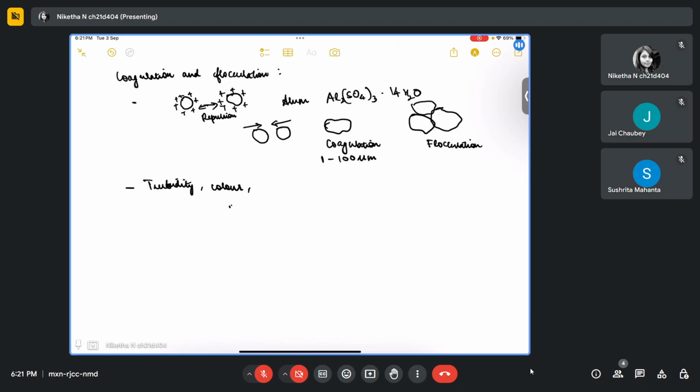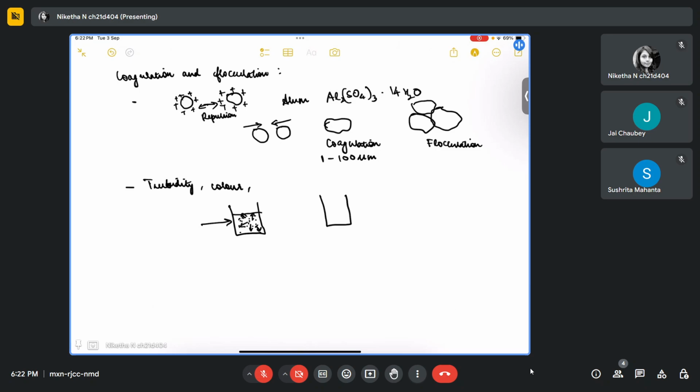Turbidity is when you pass light through a solution. The particles in the solution are small and they remain suspended in the solution. What they do is they scatter the light in various directions. So you won't be able to see the light coming out of the solution.